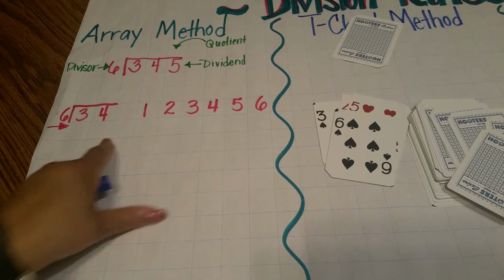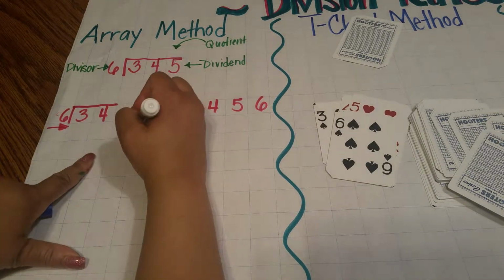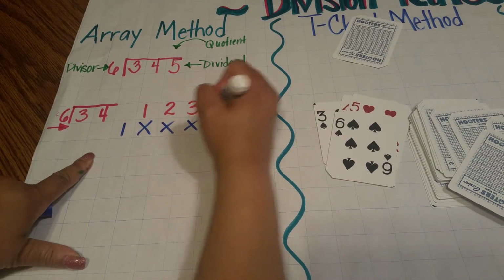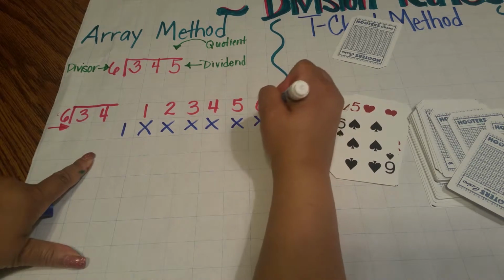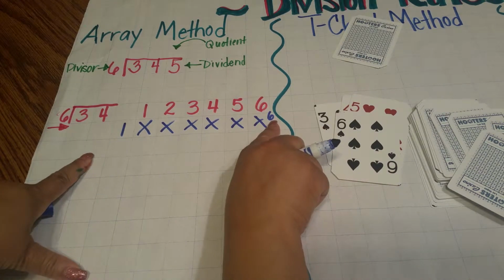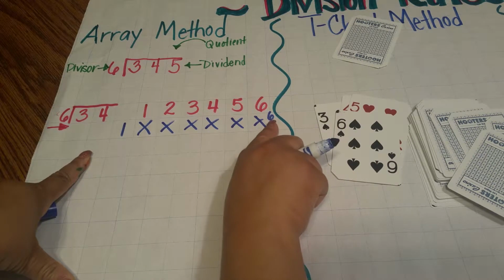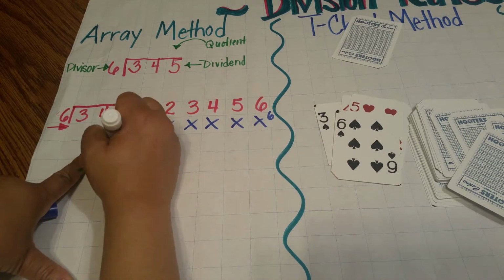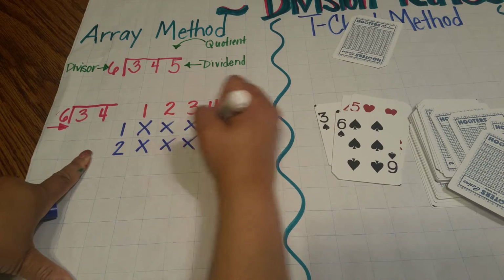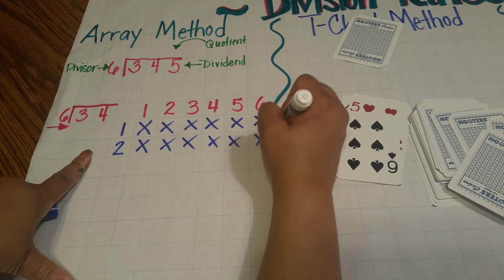I need 34 x's. So I take the first row, 1, 2, 3, 4, 5, 6. I always put the sum at the end of the row just in case I walk away. I come back and I know exactly where I left off. Second row, 7, 8, 9, 10, 11, 12.